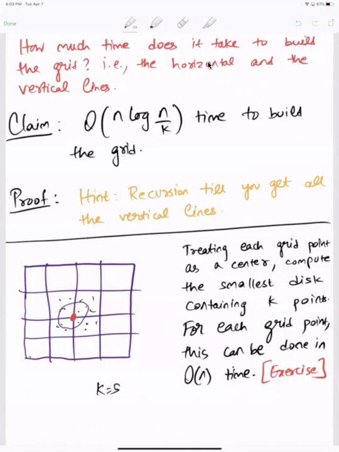Anyway, you get the point, right? So you do this for every grid point. And the claim is you can find this smallest disk in order of n time for each grid point. Okay, and then the final step, well, that's obvious now. The final step is to report the smallest disk.